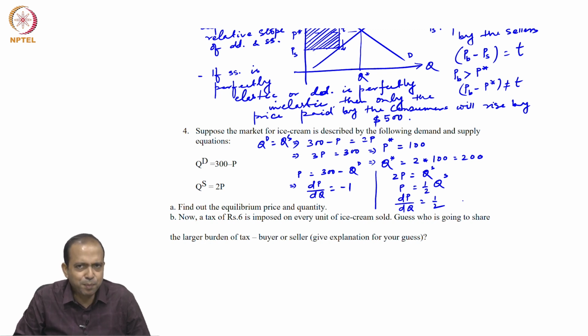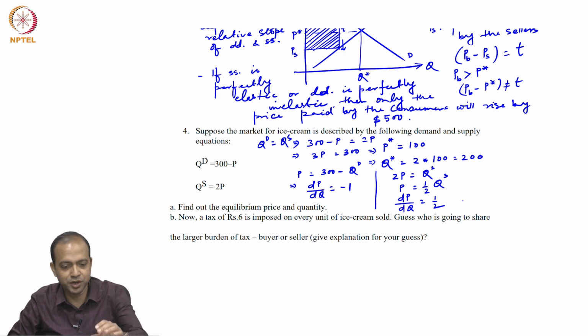So, that means the supply curve is relatively flatter compared to the demand, and as a result suppliers or producers are more elastic, because elasticity is the inverse of the slope multiplied by the price quantity ratio. So, minus 1 is the slope of the demand, 2 is the slope of the supply, that we have derived.